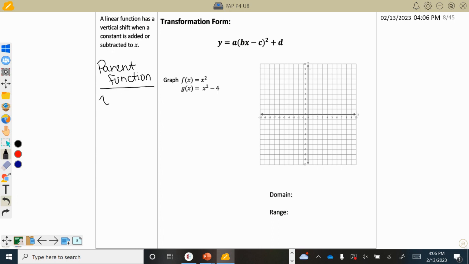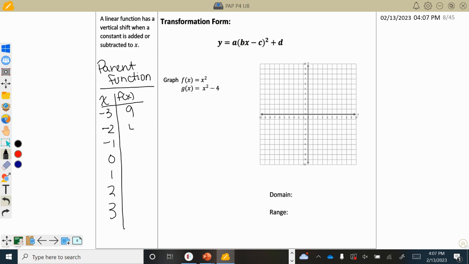So here's my x, here's my f of x. I'm just going to start with -3, -2, -1, 0, 1, 2, 3. Now, the parent function is x squared. That means I'm going to take my x and square it. So -3 squared is a +9.